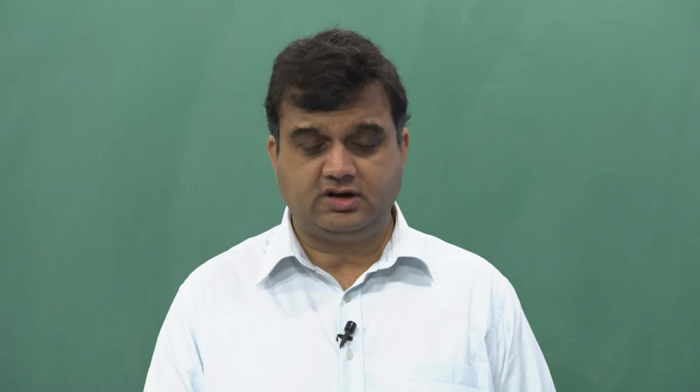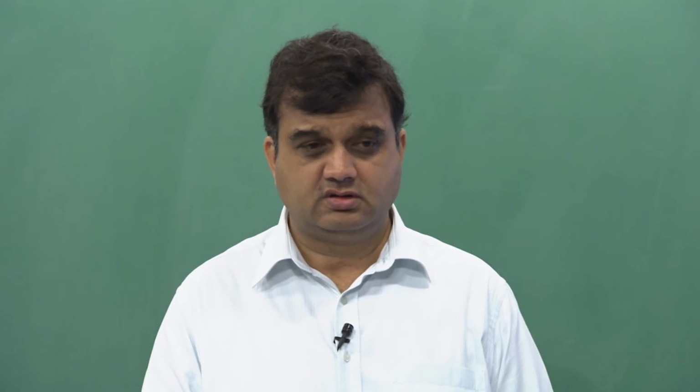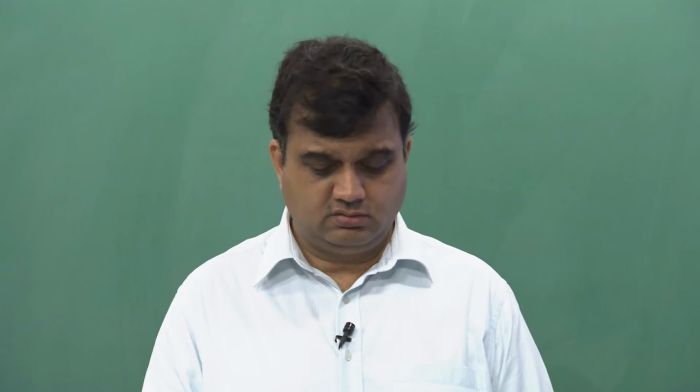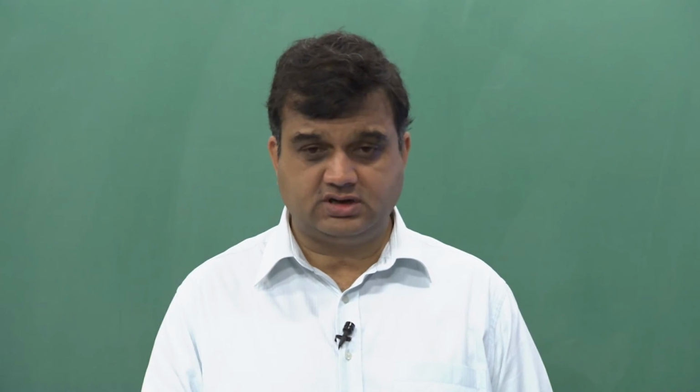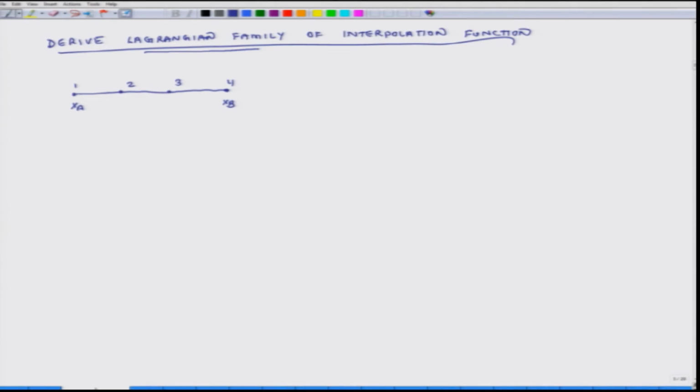If it is a 2 noded element, it has how many approximation functions? 2. If it has 3 nodes, for Lagrangian family, it will have 3 approximation functions. So, this will have 4 approximation functions. And what will be the order of polynomial for this element? It will be third order, right? These approximation functions, let us call them phi j, which are functions of x j.